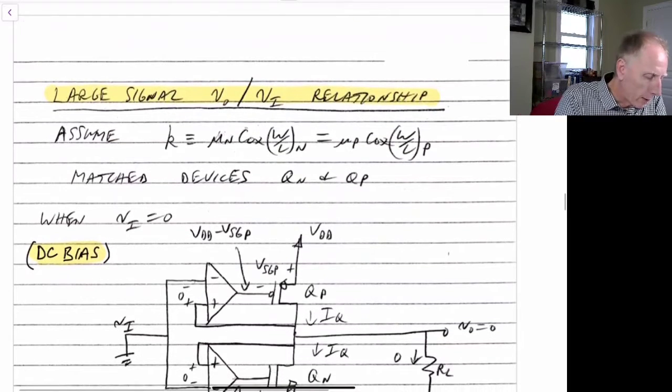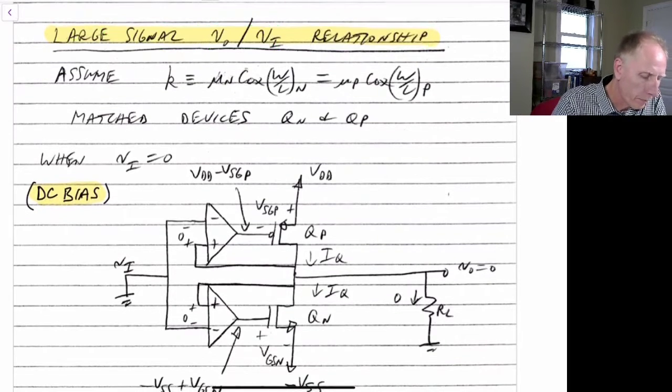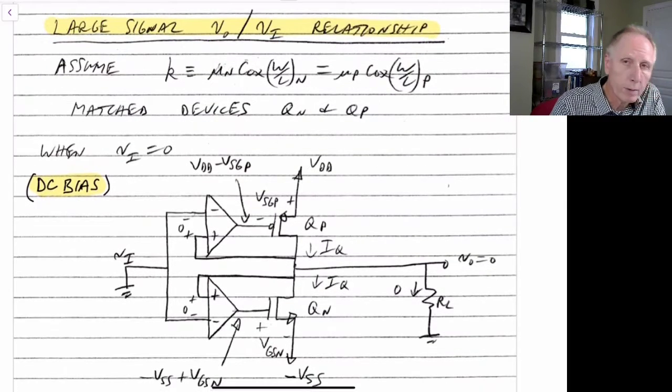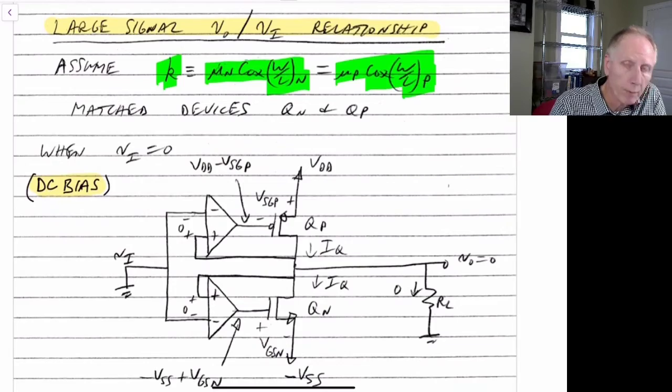So next we'd like to look at the large signal Vout over VI relationship. We're going to assume for simplicity that mu n Cox W over L of n equals mu p Cox W over L of p.